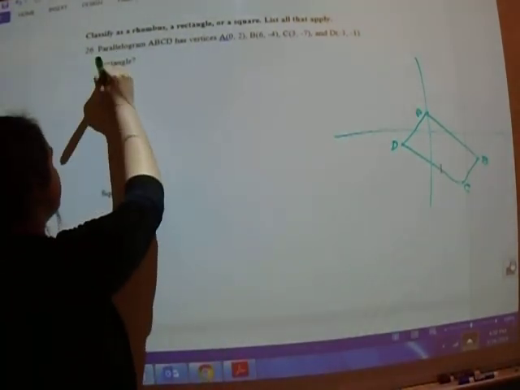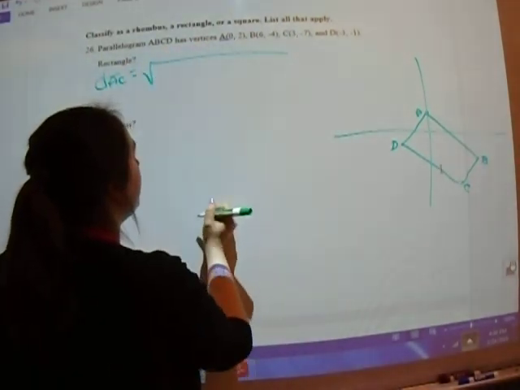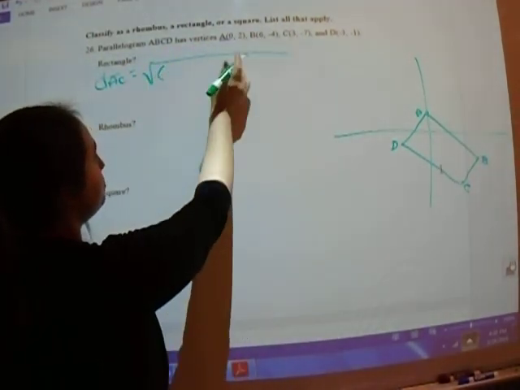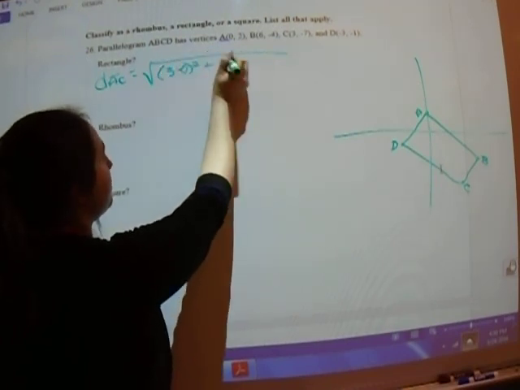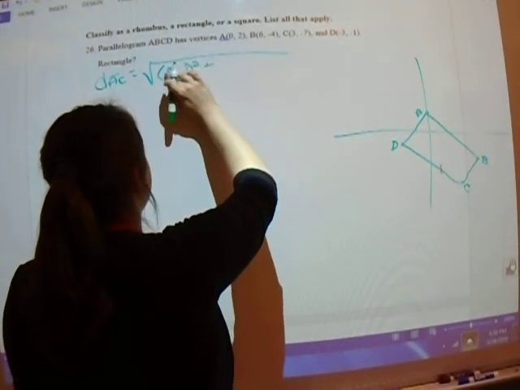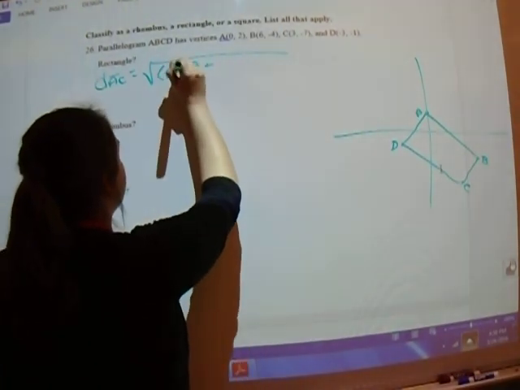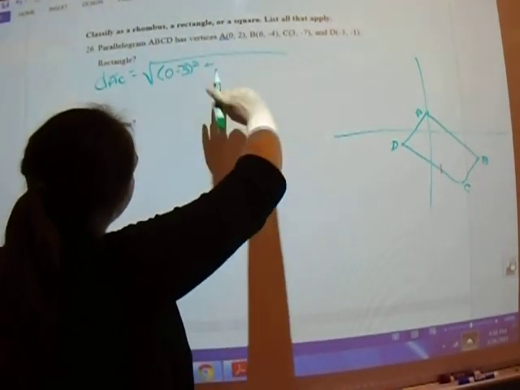I'm sorry. So the length of AC equals, let's see here, 3 minus 0 squared plus, or I meant to do 0 minus 3 squared plus, or plus 3.